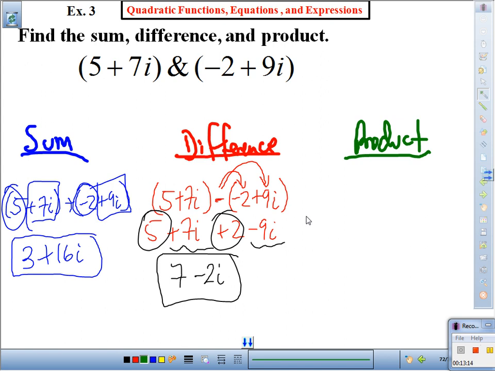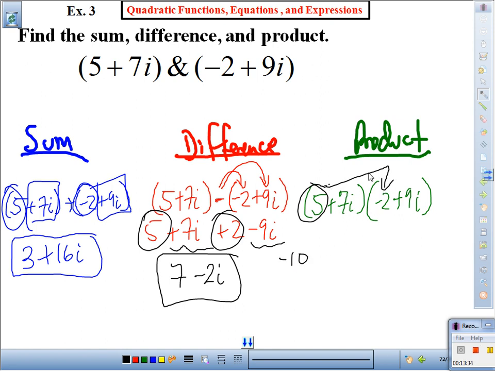All right, let's go to the product. 5 plus 7i times negative 2 plus 9i. All right, here we go. Start with the first term. What is 5 times negative 2? Negative 10. What is 5 times 9i? 45i. What is 7i times negative 2?